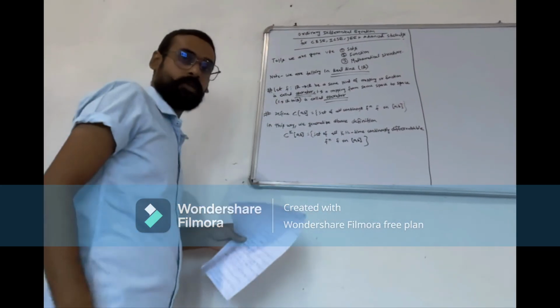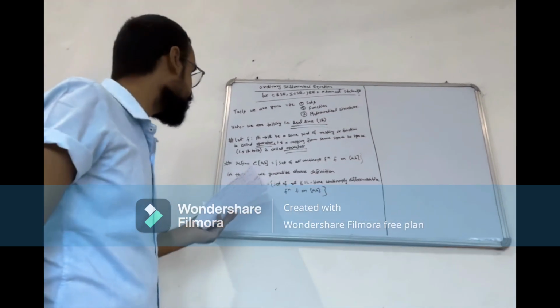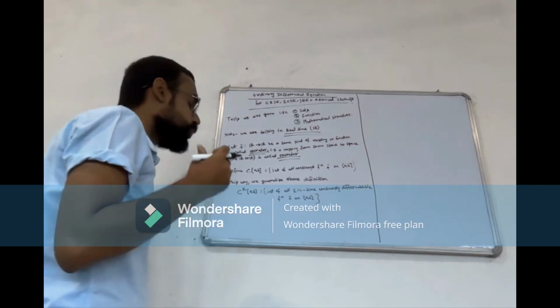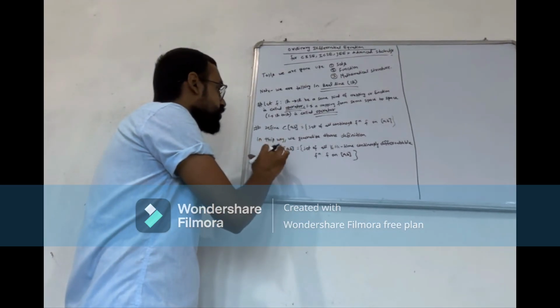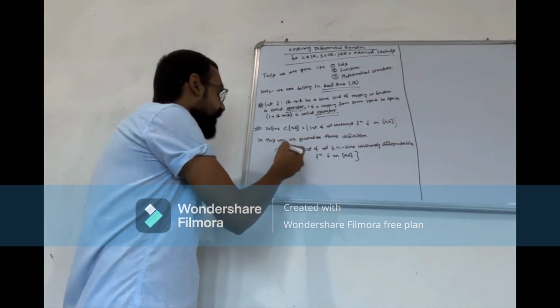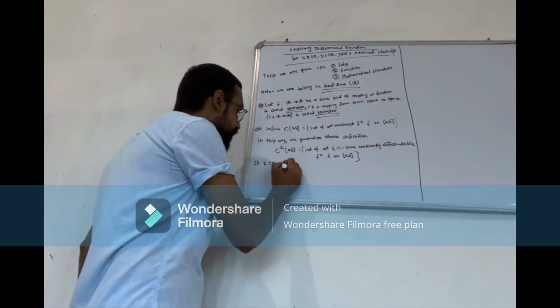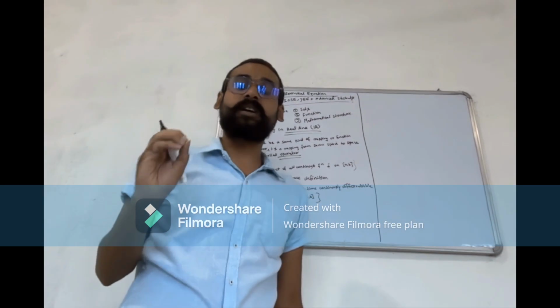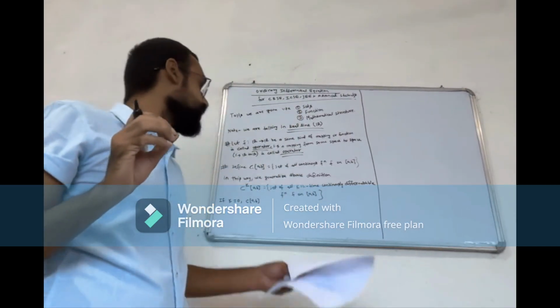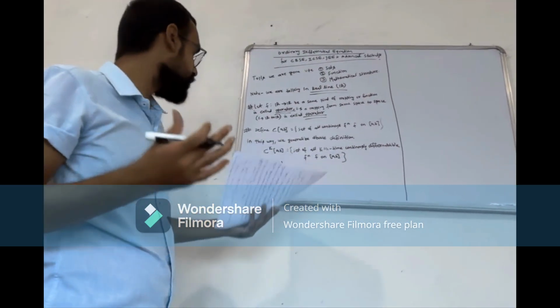If k is equal to 0, it is C(A,B), so it is only a continuous function defined on [A,B].